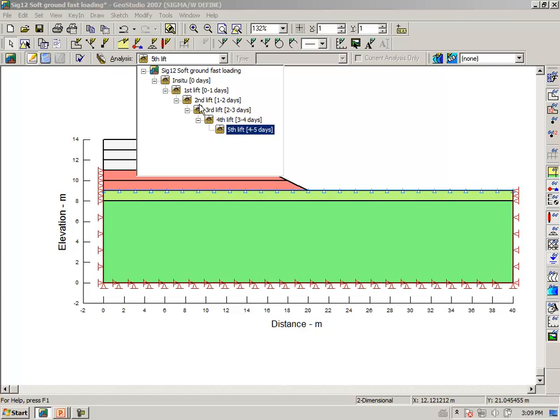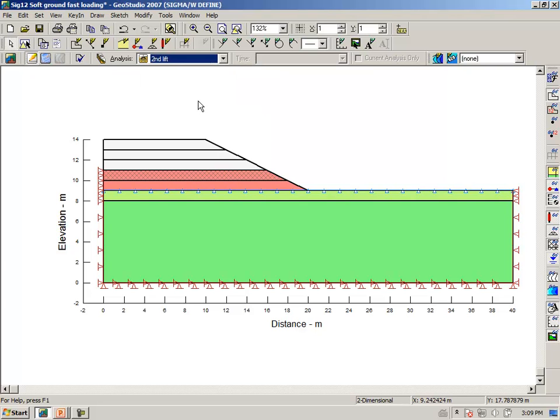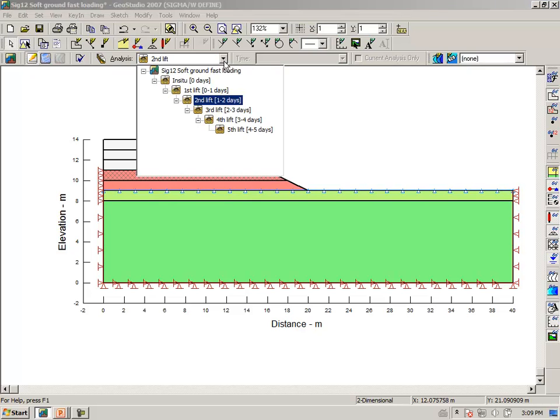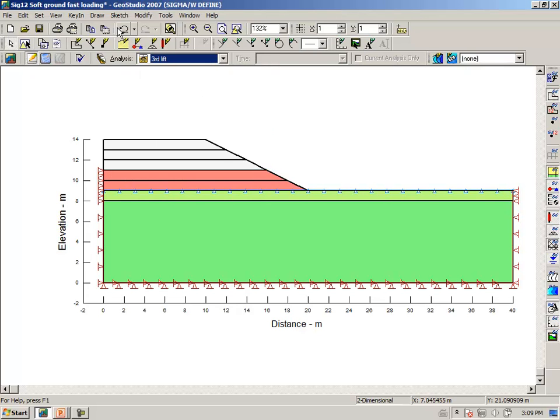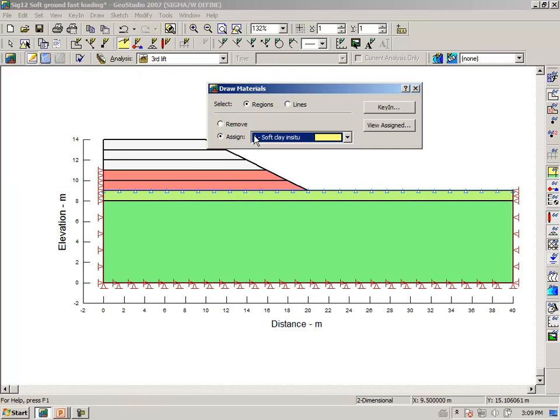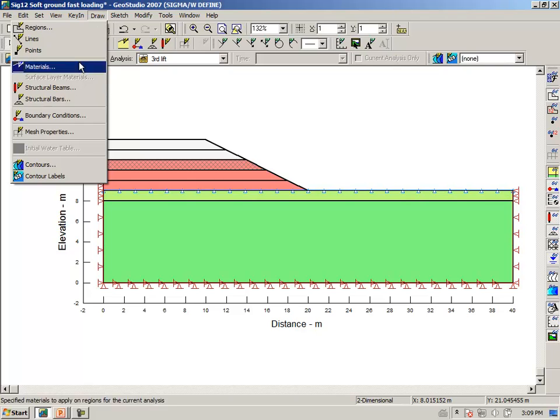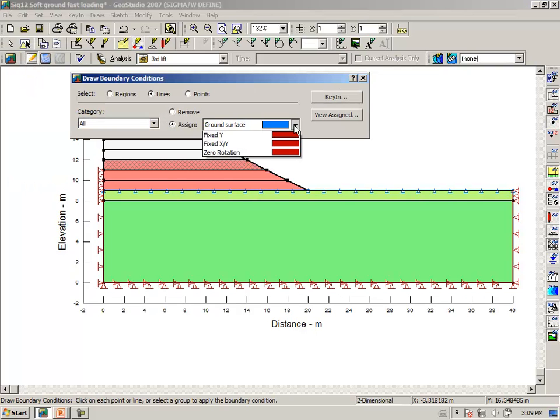Going back then to the third lift, draw materials, placing our fill. The third lift is the third layer, has the cross hatching, so that is correct. Draw boundary conditions. Displacement x is 0.